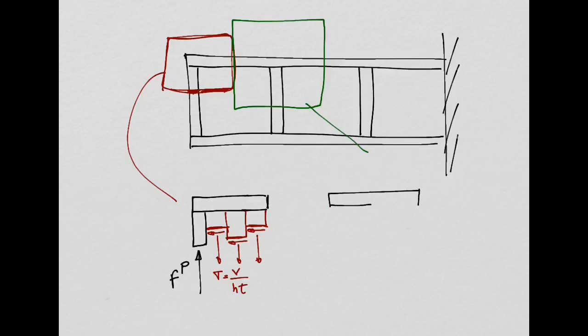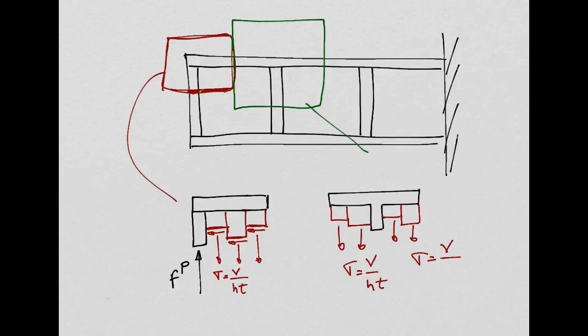I will have part of the flange, post here, and then I will have these small elements. Let's make only 2, is enough. Where these elements will have this direct stress sigma, V over HT. Same for these two, right? Sigma equal to V over HT. And then I will have the force in my post A. Let's say F post A.